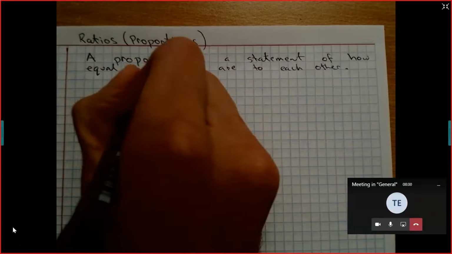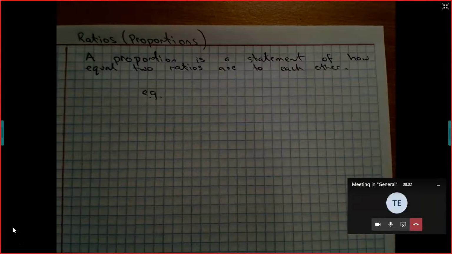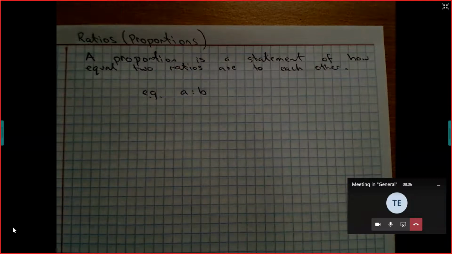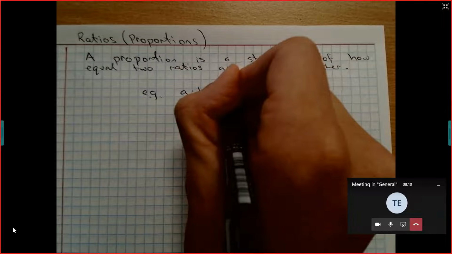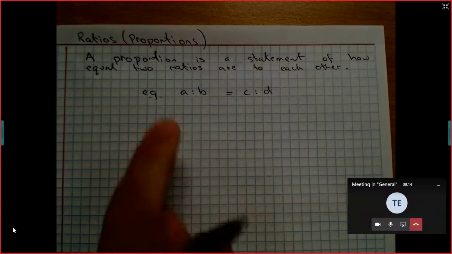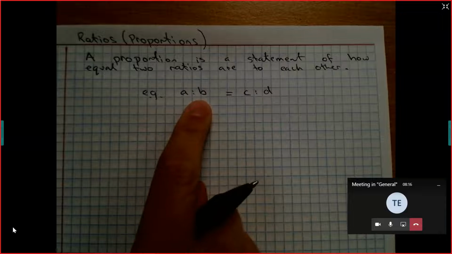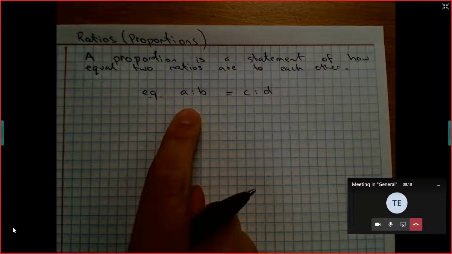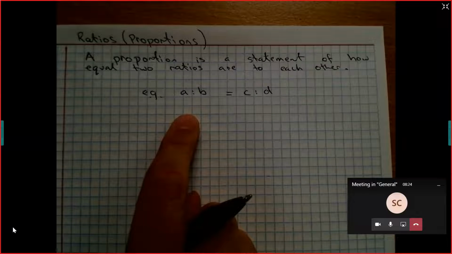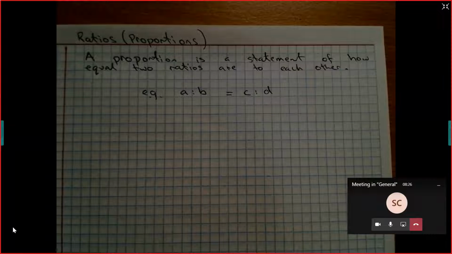So, for example, we might have some ratio A:B, and we want to know if it's equal to ratio C:D. These letters are just generalizing potential ratios that we may have. Now, remember we can also write a ratio as a fraction.